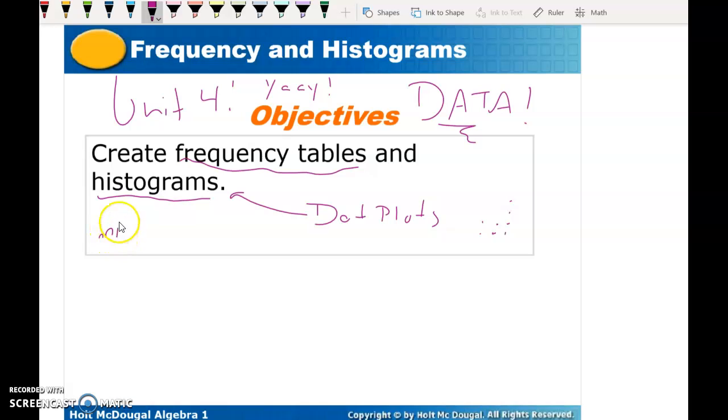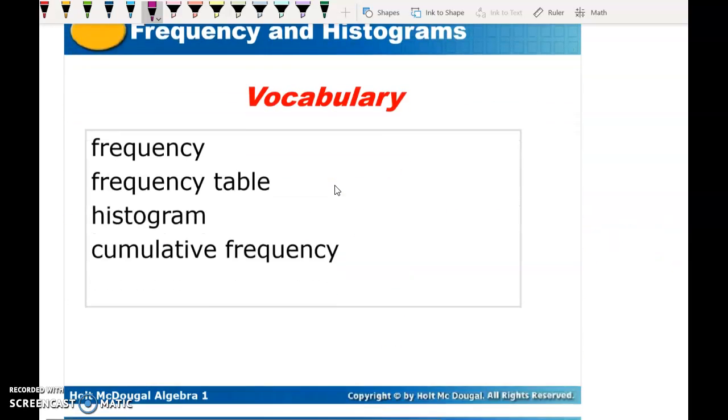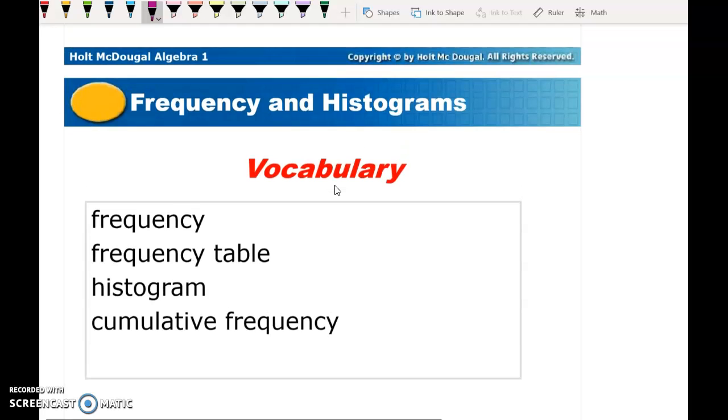Histograms have bars, like a bar graph. Dot plots use dots instead. Okay, so starting here with vocabulary, we are going to talk about all of these vocabulary words today. So please make sure you take note of those as we move along.